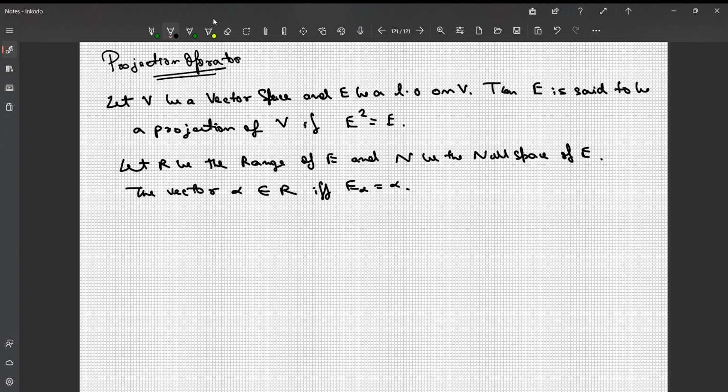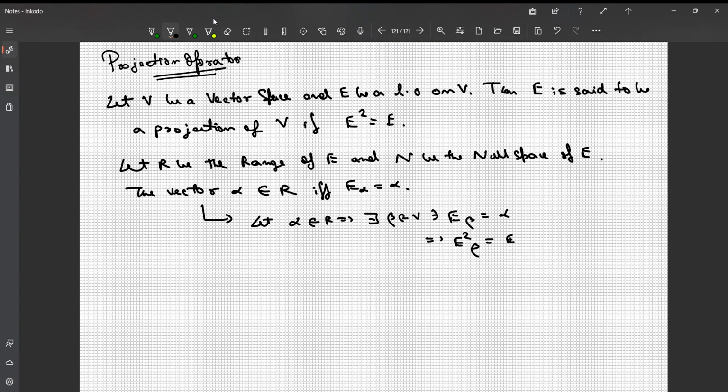So let alpha be in R, then that implies there exists some element beta in V such that the image of beta under E is equal to alpha. But then what can we say about E square of beta?